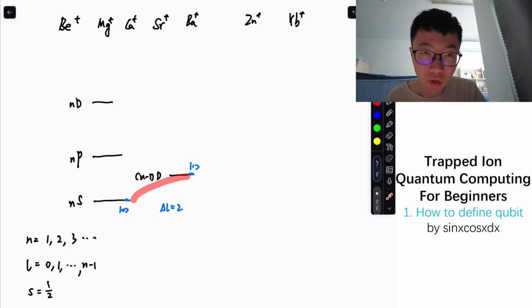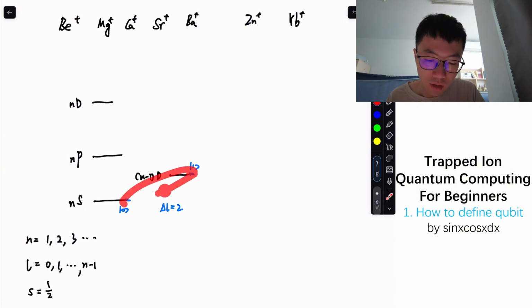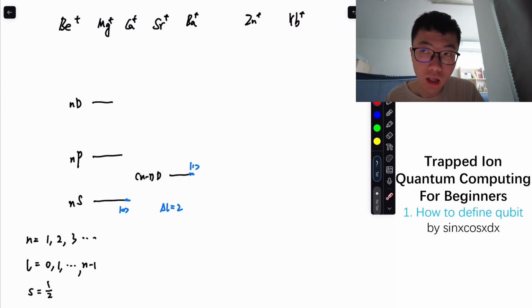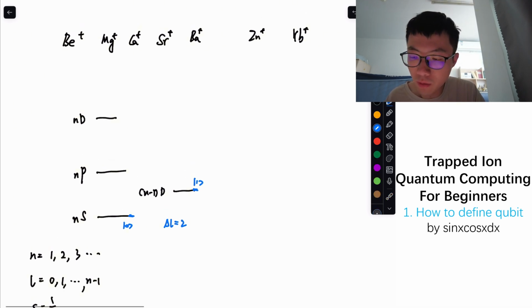Although this is not dipole allowed, if our laser has a very short line width and a very strong laser power, we can still drive this transition so that we have gate operations between 0 and 1. So this is a way to define a qubit.